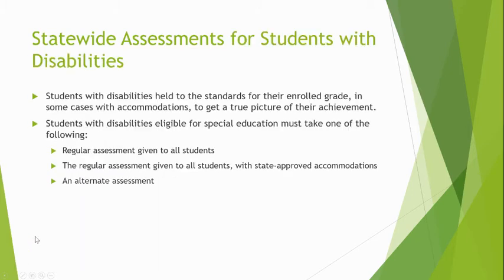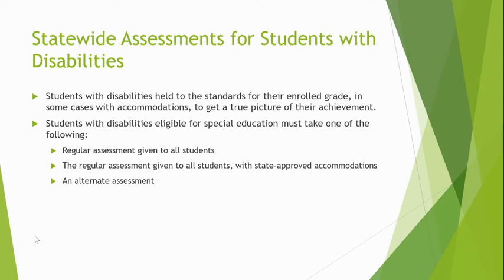Okay, so students with disabilities are held to the standard for their enrolled grade, in some cases with accommodations to get a true picture of their achievement. Students with disabilities who are eligible for special ed must take one of the following: regular assessments given to all students, regular assessments with state-approved accommodations, or an alternate assessment.